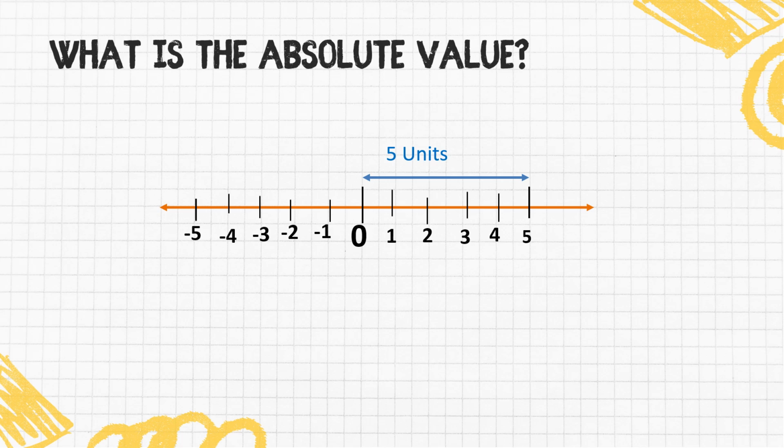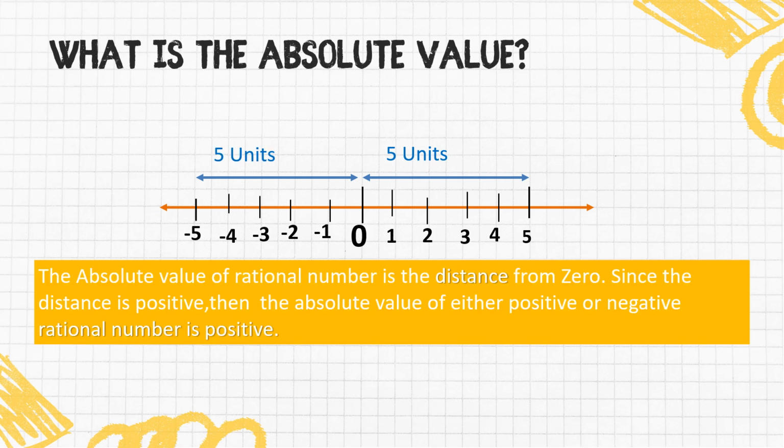From 0 to -5 is the same 5 units, because it is a distance. The absolute value of a rational number is the distance from 0. Since distance is positive, the absolute value of either a positive or negative rational number is positive.